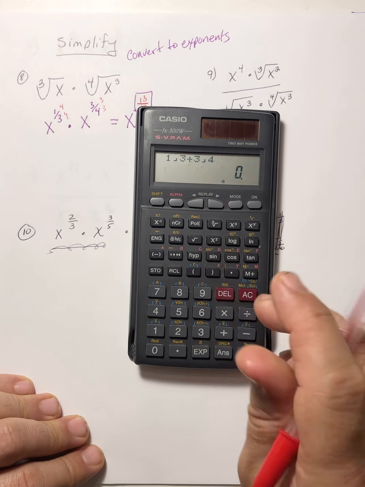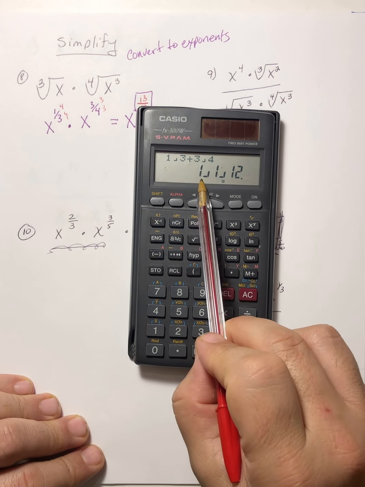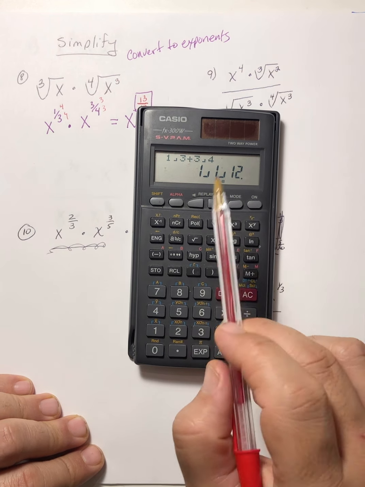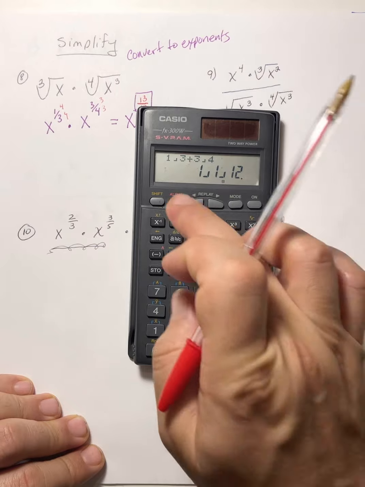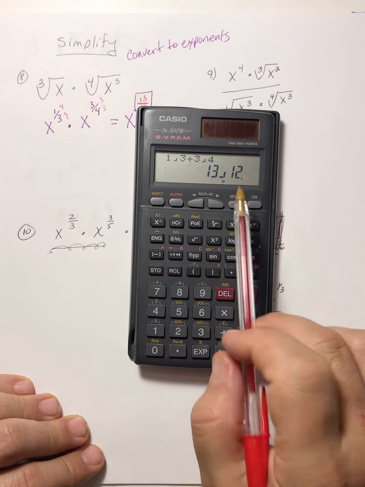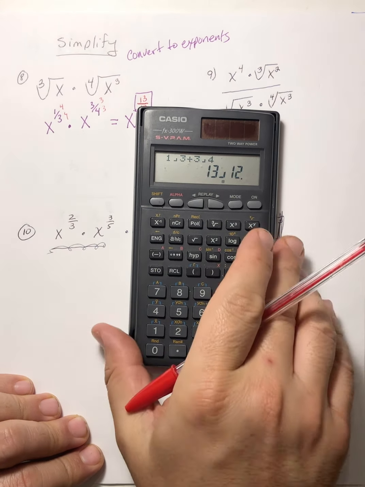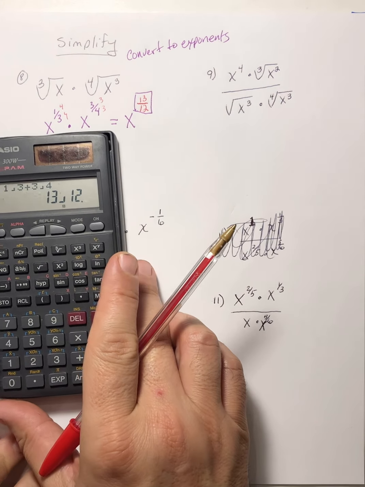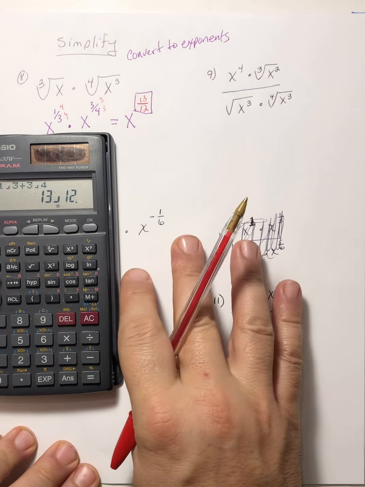There's my fraction 3/4. I hit equal, and it gives me this mixed number, and now I like them as improper fractions, so that's that DC button right there. So shift DC, 13/12. Get yourself a nice calculator. If you downloaded that Calculator X on your phone, you can easily do this. It's just like the graphing calculator.